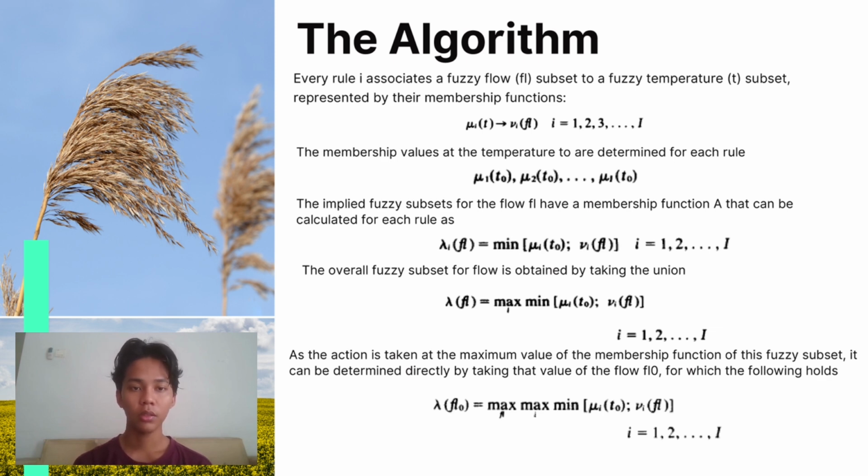The result is a fuzzy subset which ranges over all values of the flow. The action taken is at the maximum value of the membership. It can be determined directly by taking the value of the flow FL0 for which the following holds. The last formula is the max and min formula.